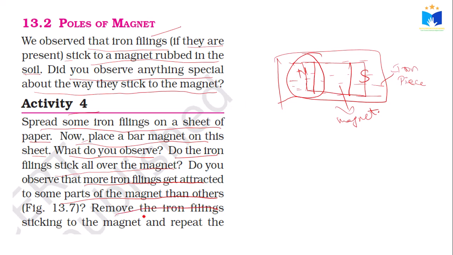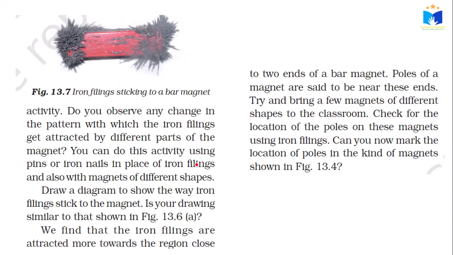Remove the iron filings sticking to the magnet and repeat the activity. If we observe the iron filings sticking to a bar magnet, we can see that the north side is attracting more. This is the south side, which is attracting very little. So on this side more iron filings are sticking.